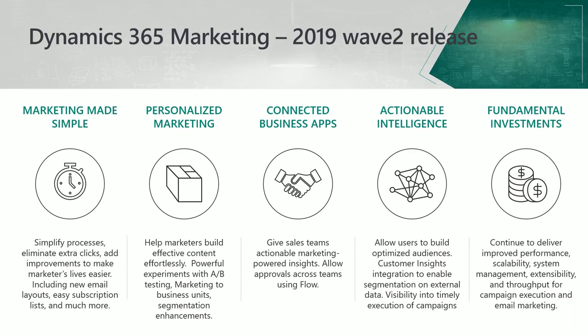In this whole concept, personalized marketing is a very strong theme. We introduced A/B testing to be able to experiment with your content and arrive at the best content that works for your recipients. We had more integrations with cross play between the sales and marketing apps.